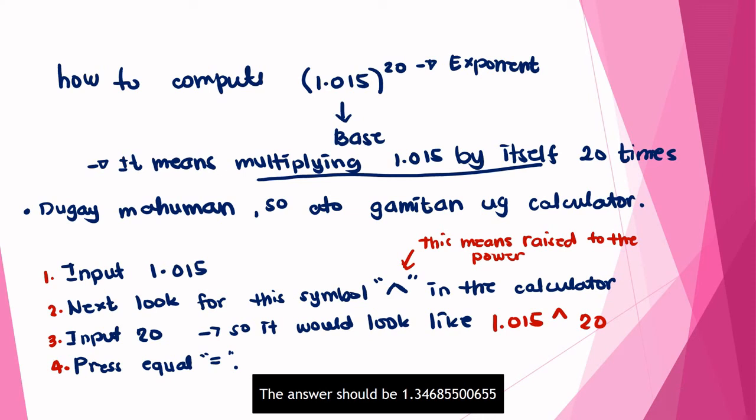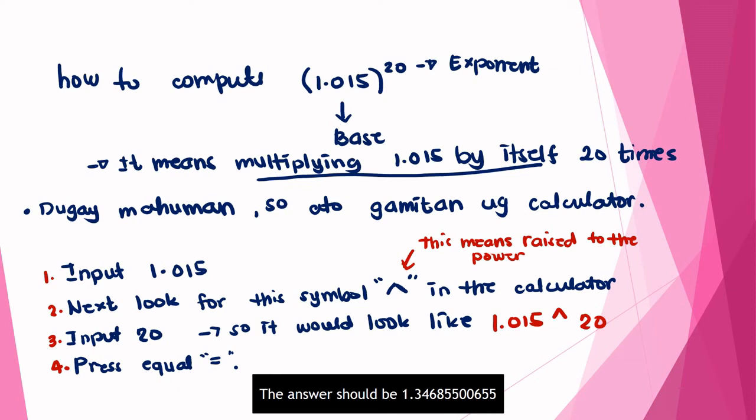Let me show you, class, how to solve exponents when the power is very large, like raised to the power of 20 or 100, using your scientific calculator. You can download a scientific calculator from the Google Play Store. Type the base, for example 1.015, raised to the power of 20. Then look for the arrow up symbol, which means raise to the power.